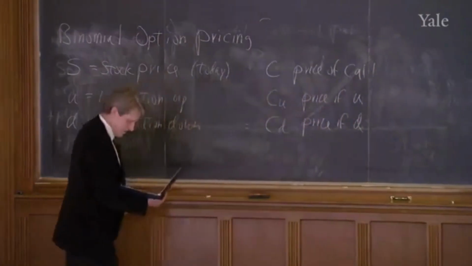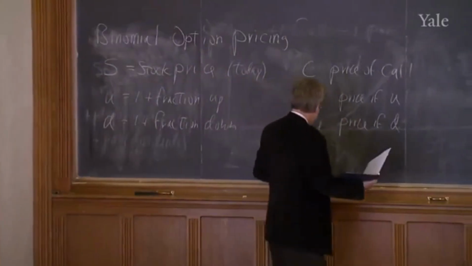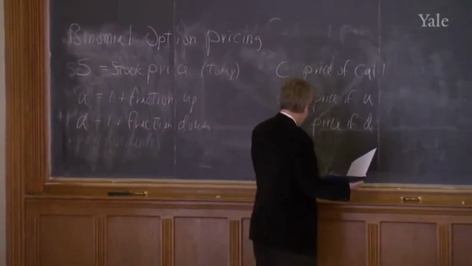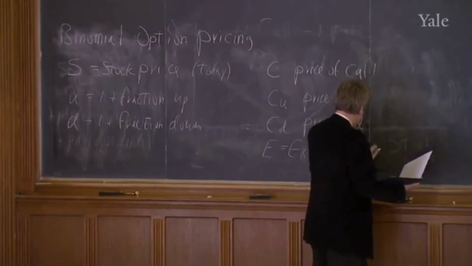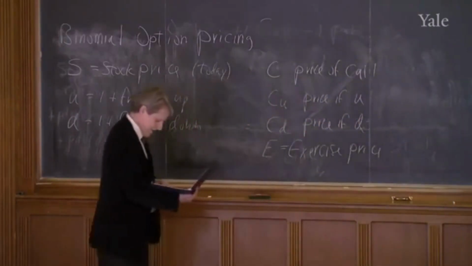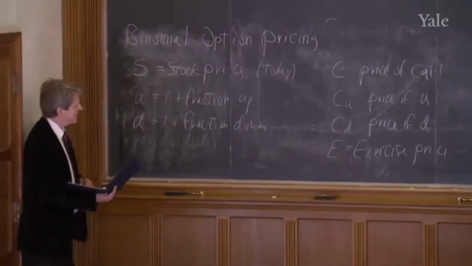Okay? So suppose the option has exercise price E. You understand this world? Simple story.